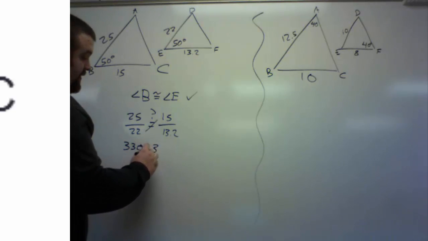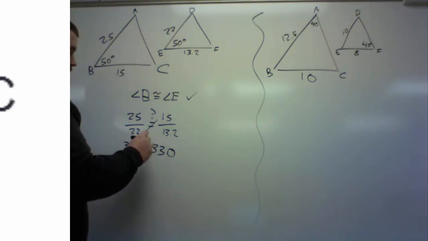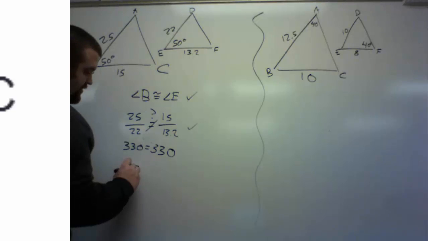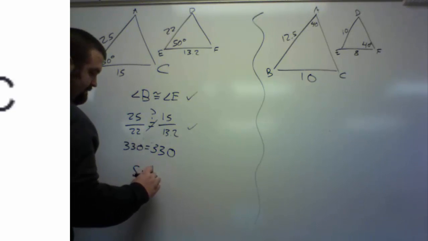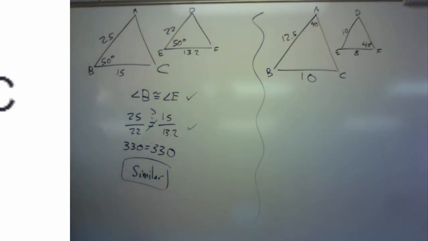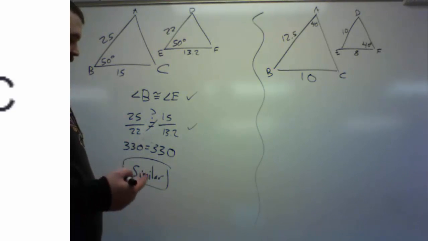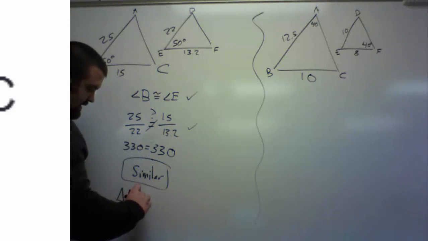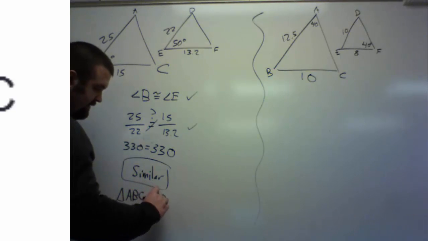Wow, I get 330 again. So, is it true? It is. So the sides are proportional. I know that these triangles are similar. You see, it didn't ask me to say a similarity statement. I'd probably just do this. But if I wanted to be a little bit more official and a little bit more mathematical sounding, I would do this.